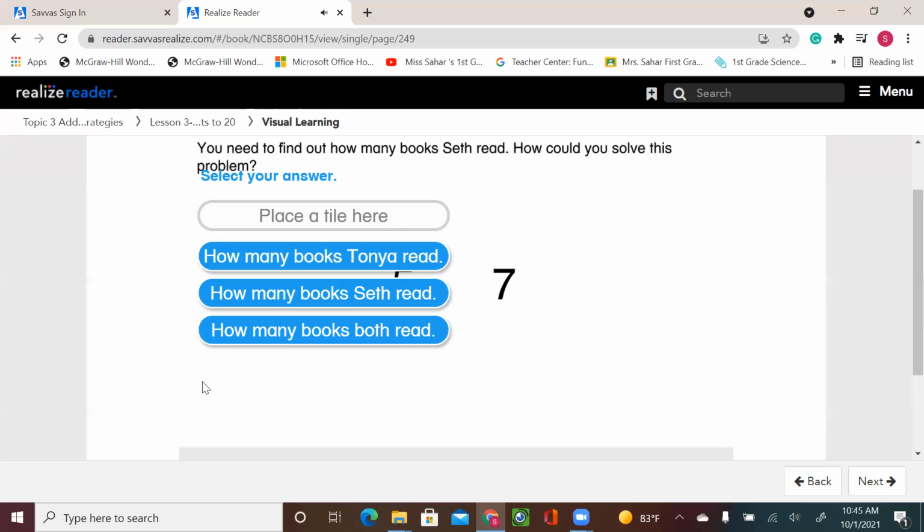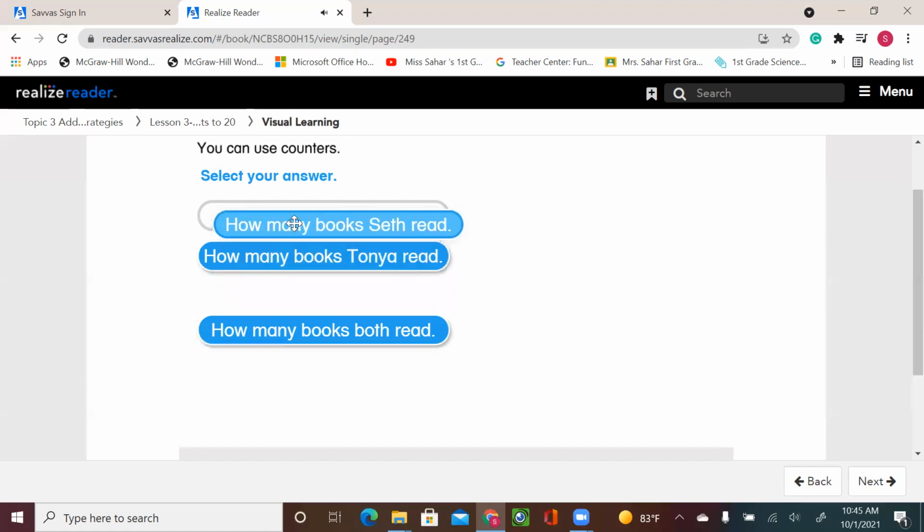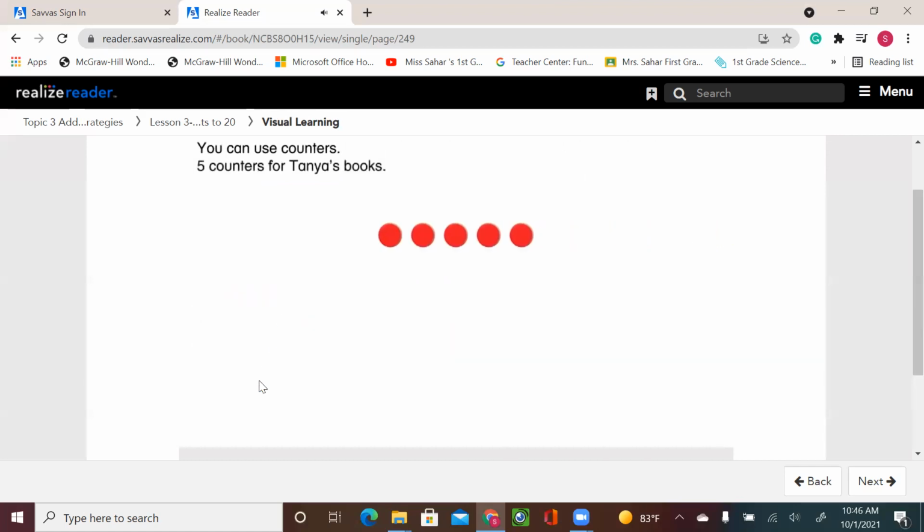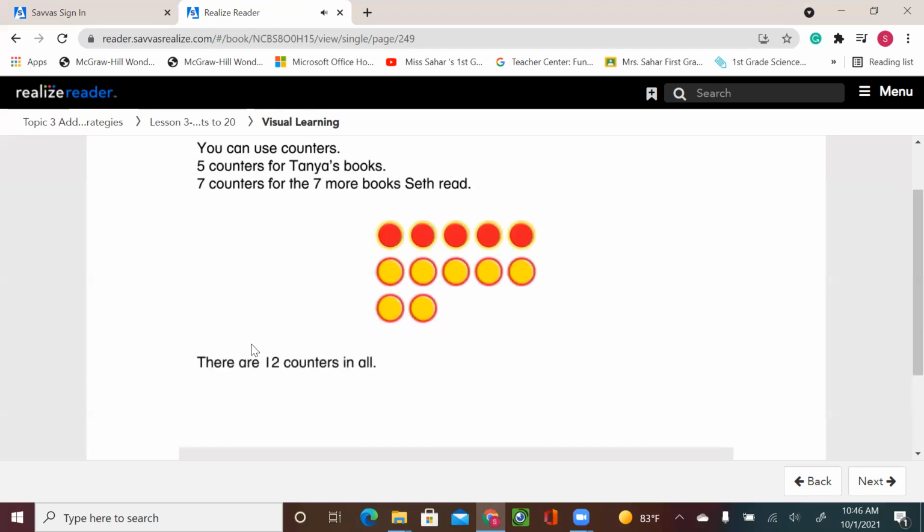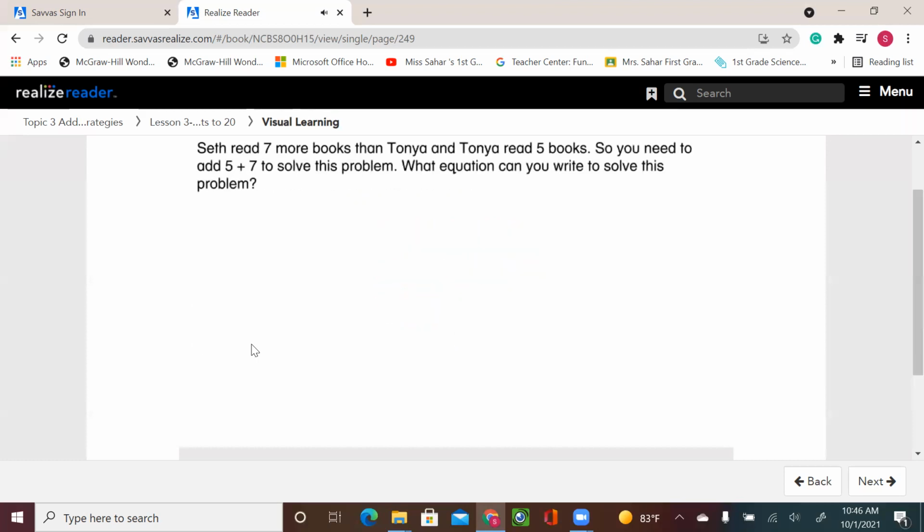How could you solve this problem? You can use counters. 5 counters for Tanya's books, 7 counters for the 7 more books Seth read. There are 12 counters in all. Seth read 7 more books than Tanya, and Tanya read 5 books. So you need to add 5 plus 7 to solve this problem. What equation can you write to solve this problem?